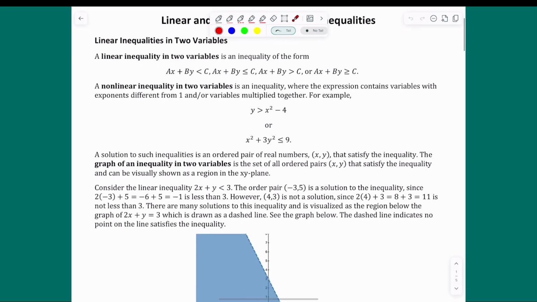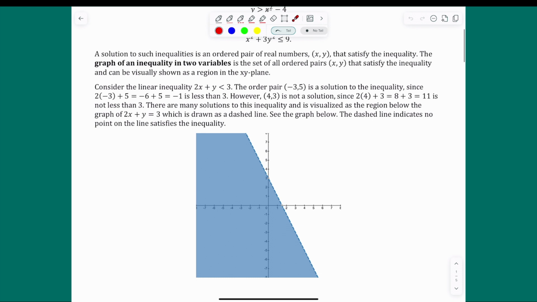Okay, so consider the linear inequality 2x plus y less than 3. An ordered pair such as -3, 5 is a solution to the inequality, since when you substitute the x and y into the left-hand side, we get 2 times -3 plus 5, which is -6 plus 5. That gives us -1, and -1 is less than 3.